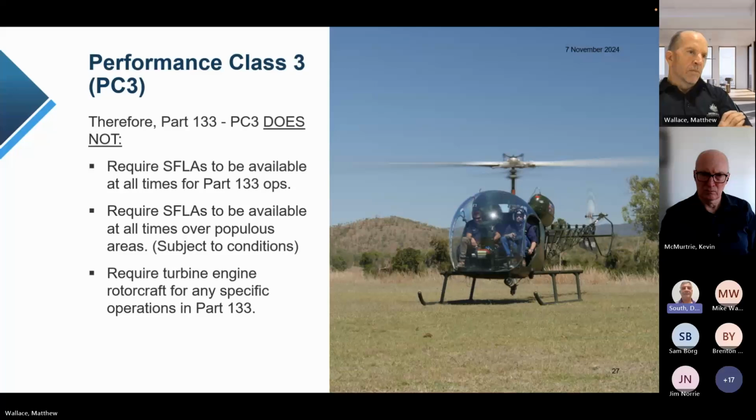What it's basically saying is that when suitable forced landing areas are not available, or when you're operating in an area where they are very sparsely available, the pilot has to comply with the MOS. And the MOS says, in this situation, maximise those that are available, but if there are none, because the head of power talks about no suitable forced landing areas being available, we can still operate.